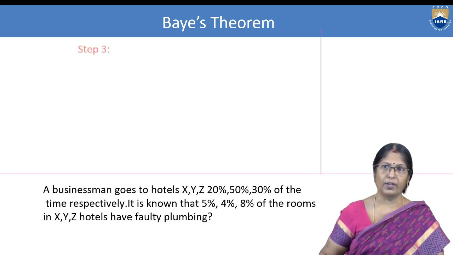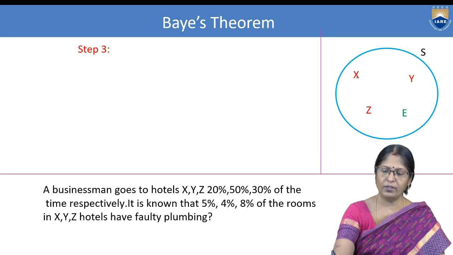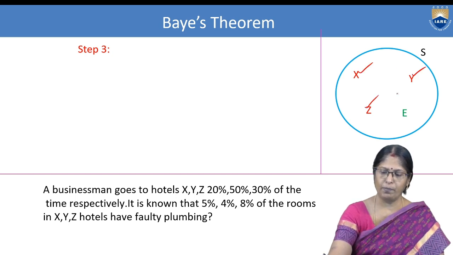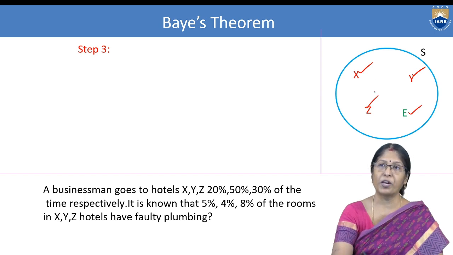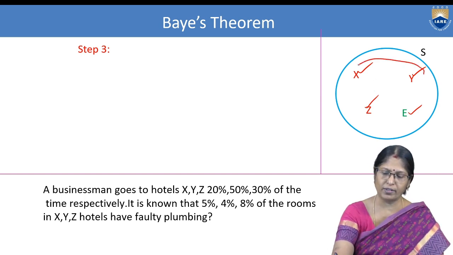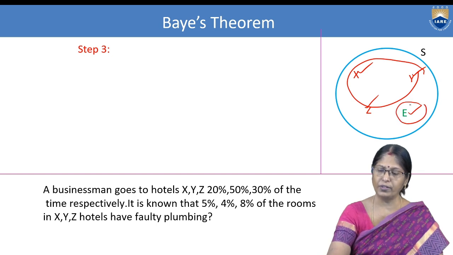Yeah, we can see it. Step 3. It's nothing but, so X, Y, Z, this is the main events in this problem. Capital E is the intersecting event. So step 1 is related to this, and step 2 is related to this.